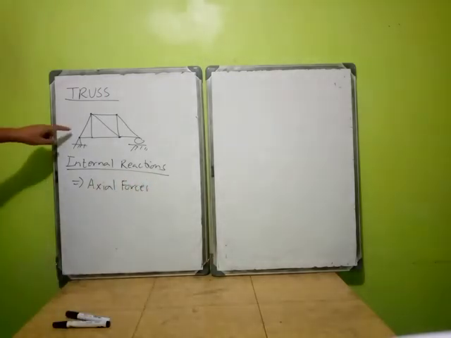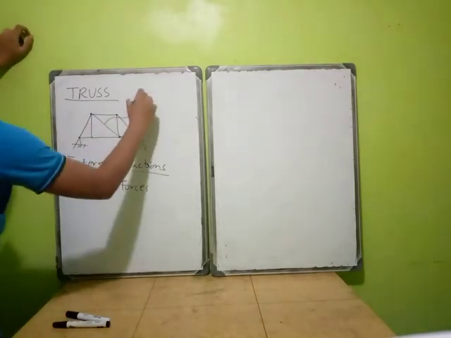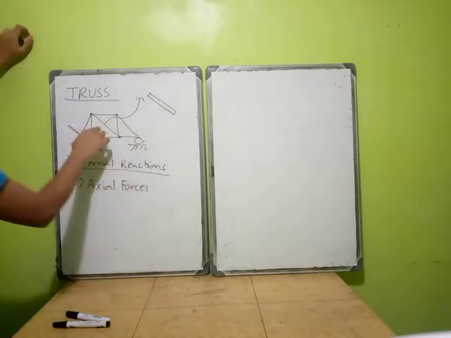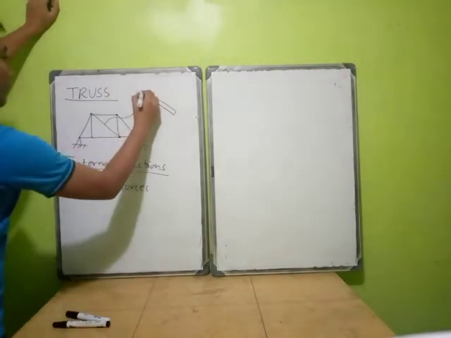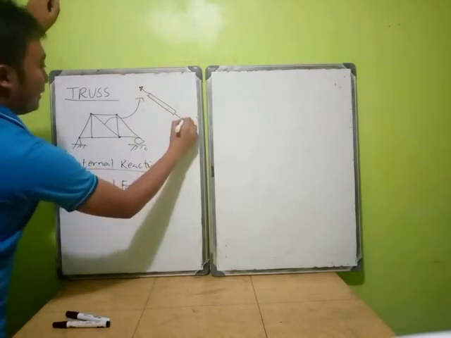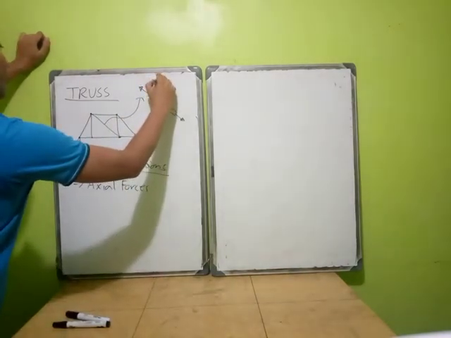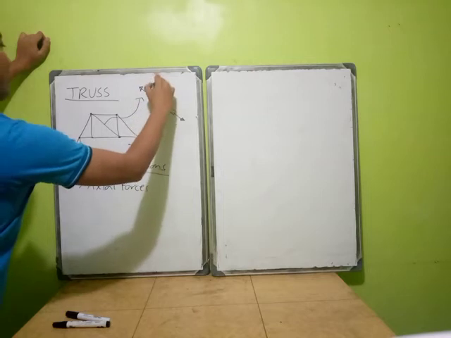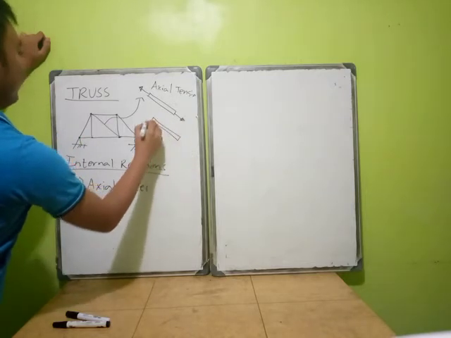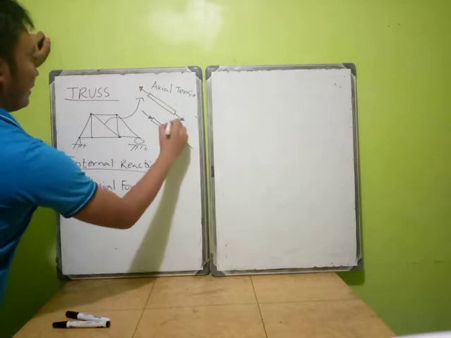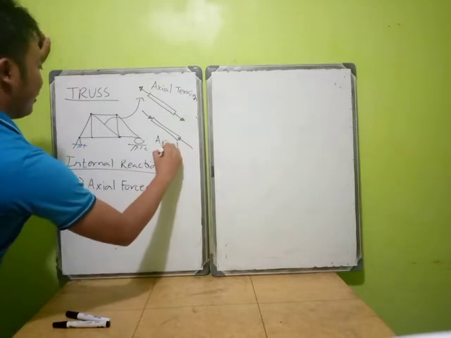So, let us say this member, itong nasa gitna na nakatakilid, it can only sustain or support axial tension, and the other way around, it might also support axial tension and axial compression.